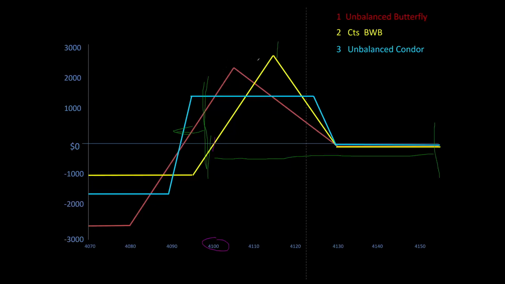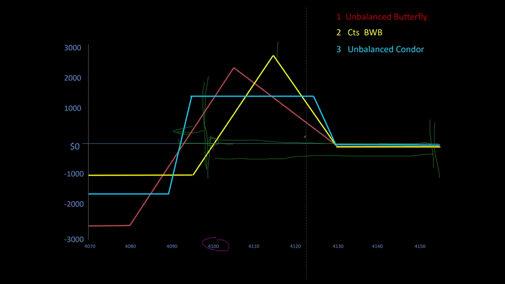We have very little room on the unbalanced condor. We have 10 points or so on the unbalanced condor and the unbalanced butterfly. We're starting to sweat. As opposed to on the close, we close at 41.58. If we gap down 50 points the next day, we're still going to be fine.